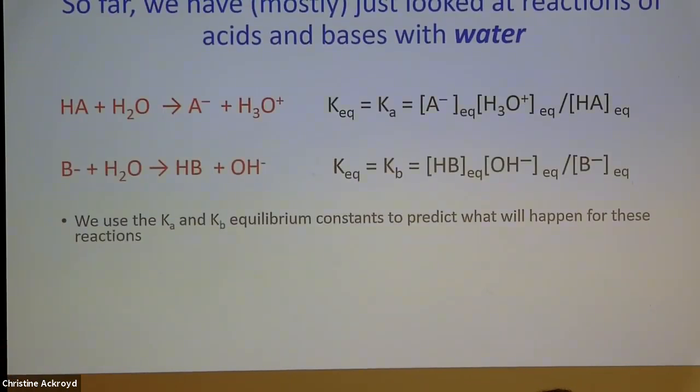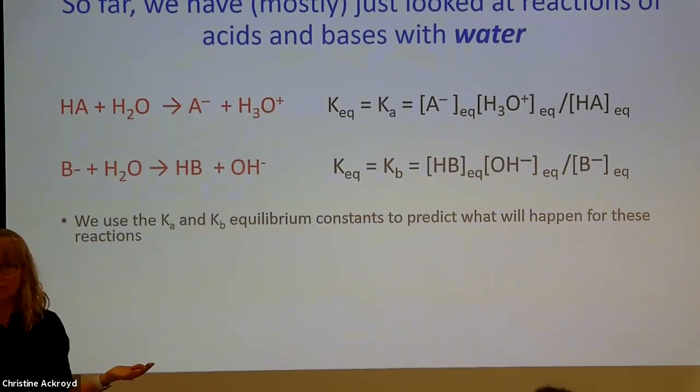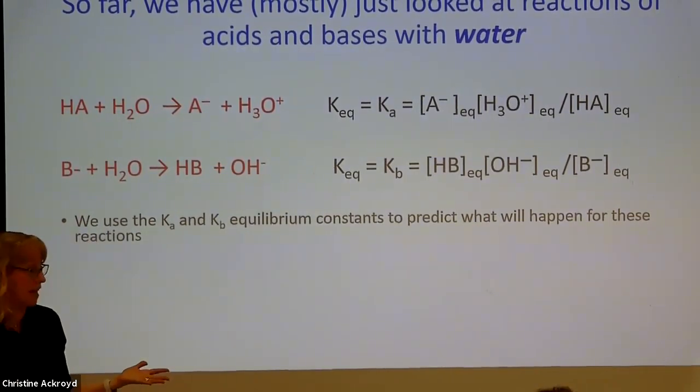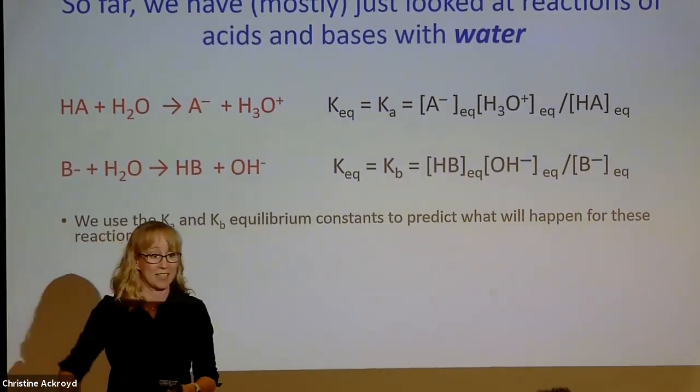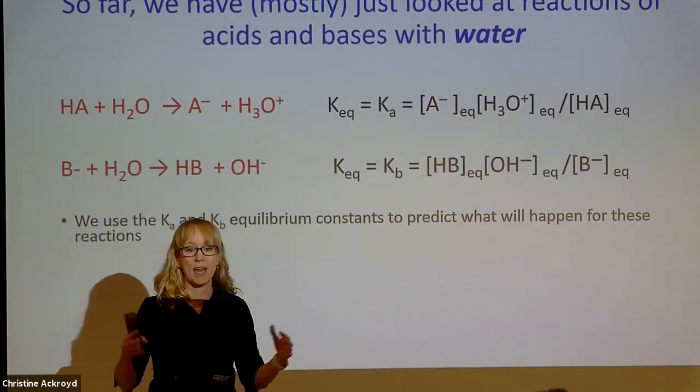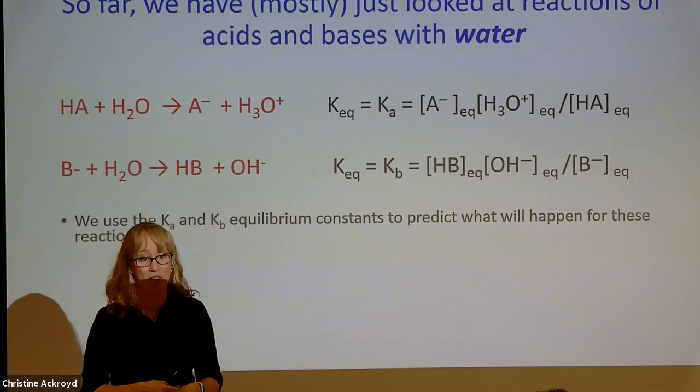Okay. Up to now, all the discussions we've had pretty much have been what happens when you react the acid with water or you react the base with water, right? A very small subset of the possible acid-base reactions in the world. Because you could have a Bronsted-Lowry acid-base reaction of any acid reacting with any base. How do we know where the equilibrium will lie for those?